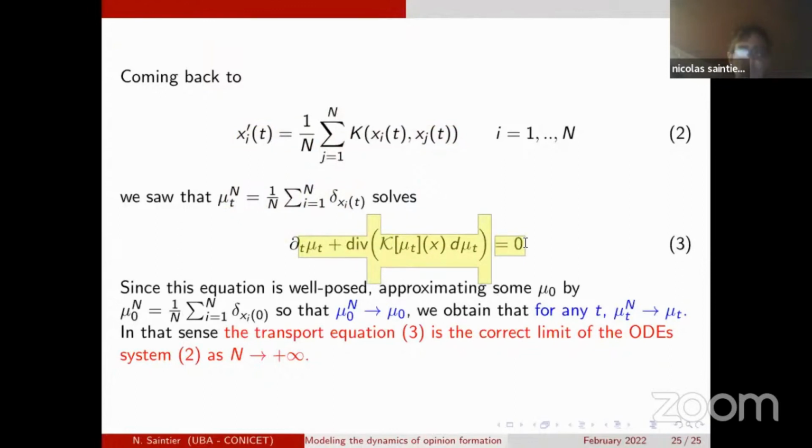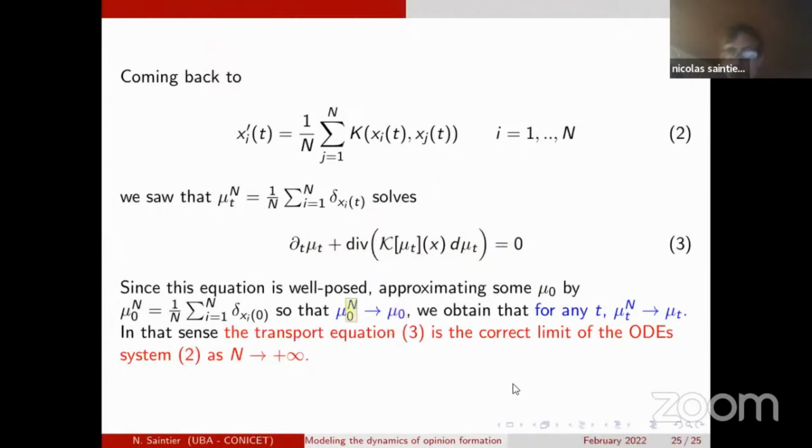So now, assume that we have some initial condition mu naught, which is an arbitrary probability measure. We can approximate it by some convex combination of Dirac masses of this kind. Then we can solve this equation for both the true initial condition and the approximate initial condition.